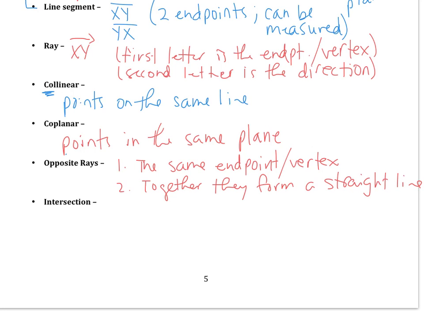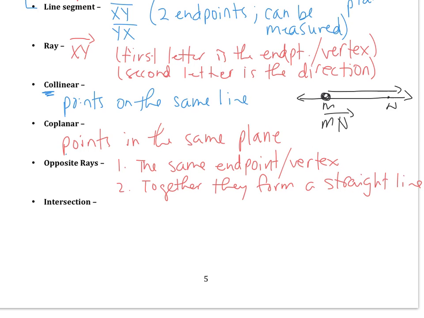I'm going to throw in a couple of examples down here that you can use in order to compare. So I'm going to draw this line. I'm going to put two letters on it, M and N. So if I talked about ray MN, that would start at M and go this direction.